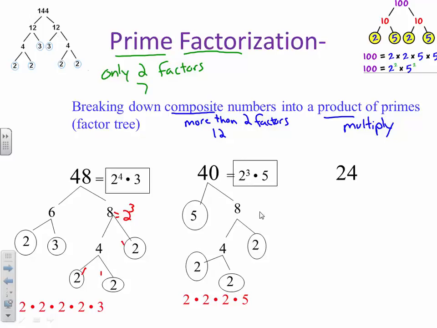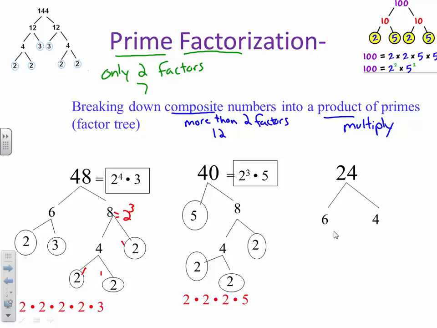And if you would please hit pause and do 24. So for 24, I'm using 6 and 4. You could have used 8 and 3, 12 and 2, whatever works for you is fine by me.